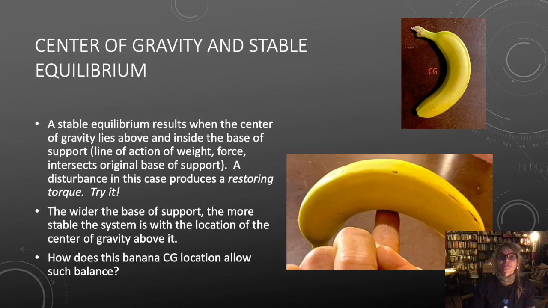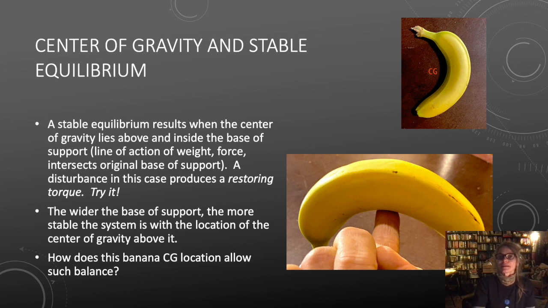Center of gravity and stable equilibrium. What makes some bodies or systems be in stable equilibrium? That really depends on several properties. One big property is where the center of gravity is positioned with respect to where it's pivoted.